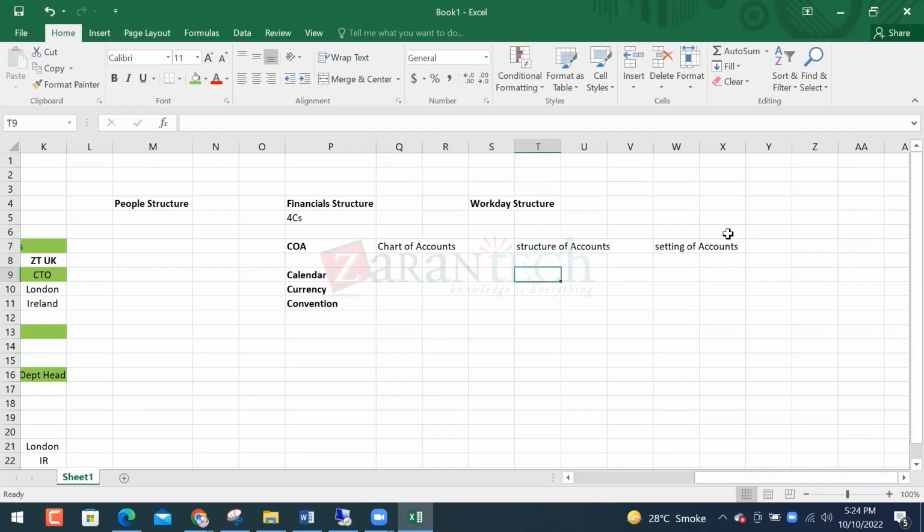So in any business or as per the GAAP, Generally Accepted Accounting Principles, they say that any charts of account consists of 5 pillars or 5 account types. What are those? Number one is assets, other one is liabilities. Then we have capital or equity.